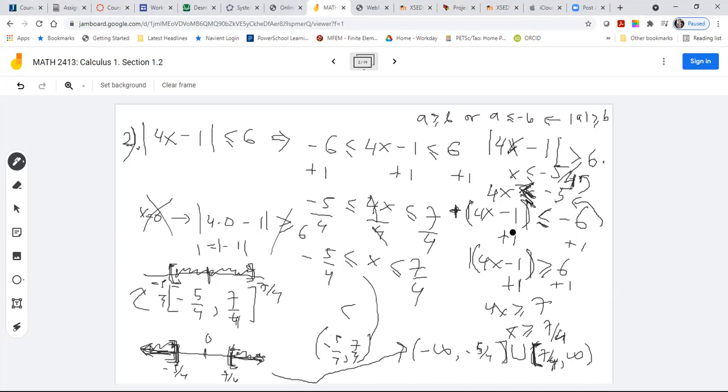Yes. And to solve this, you need to add both sides with 1. Right? So this one is gone. And on the right side, you get negative 5. And on the left side, you get 4x. Right? And then if you divide both sides with 4, you get x on the left side and negative 5 over 4 on the right side.